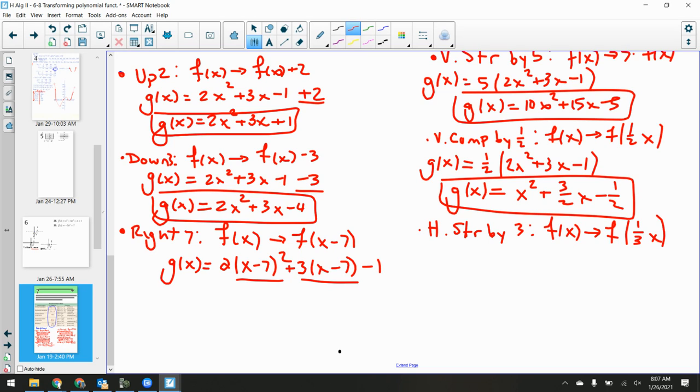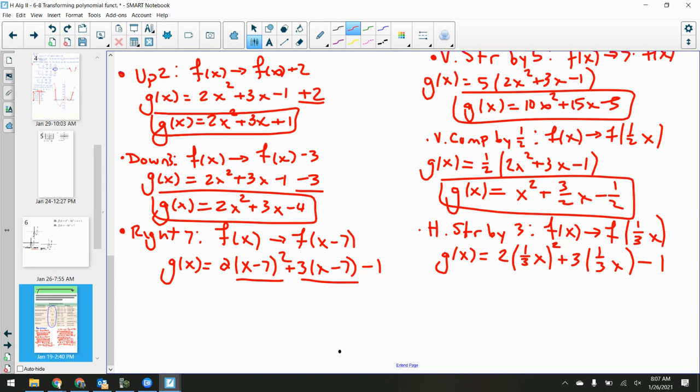So that means g of x, and since it's horizontal, it's going to go in place of x. Instead of 2x squared, it's going to be 2 times 1/3 x squared. Instead of plus 3x, it's going to be plus 3 times 1/3 x minus 1. Do you notice how I replace 1/3 x for x?